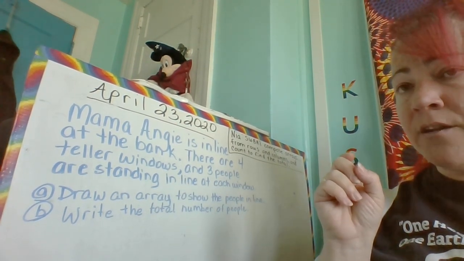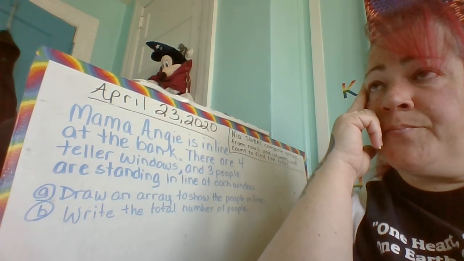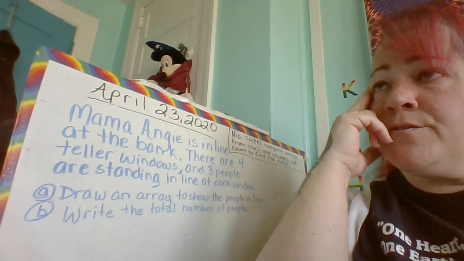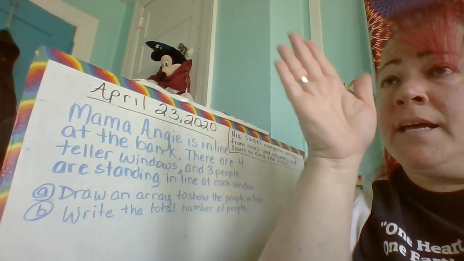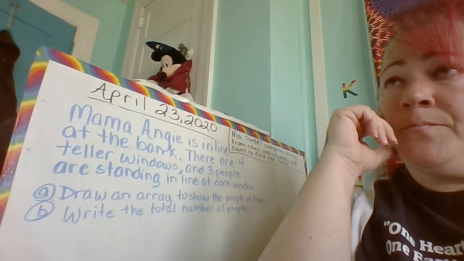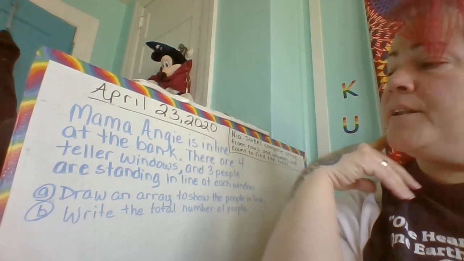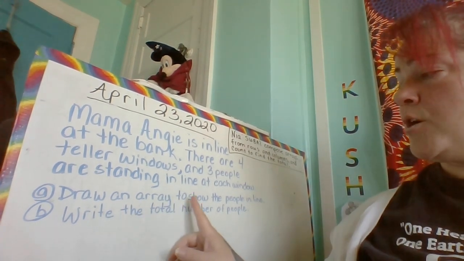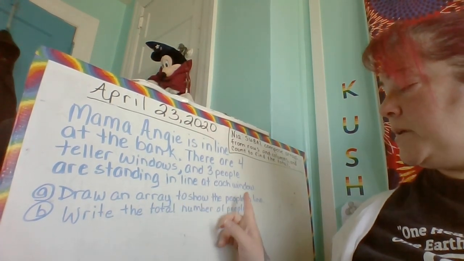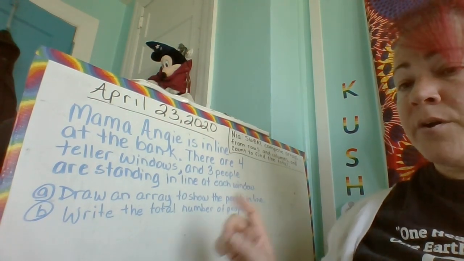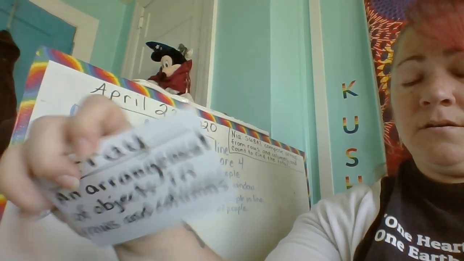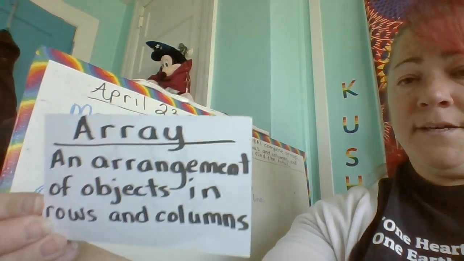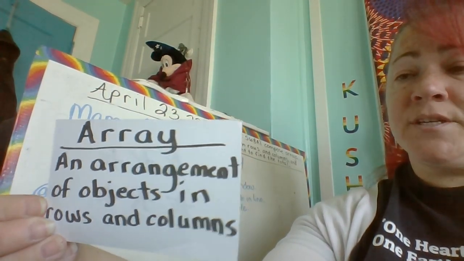Okay, so think about that in your head. Picture that at the bank. 4 tellers, 4 people working there, and 3 people in line at each window. Okay, do you see it? Now, letter A says draw an array to show the people in line. And remember, an array is an arrangement of objects in rows and columns.